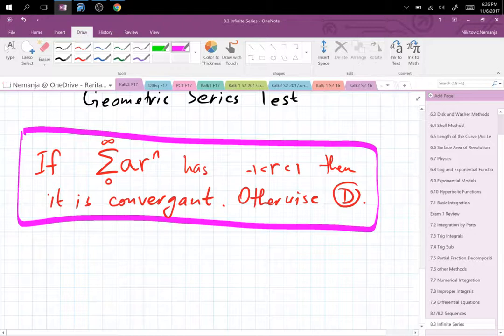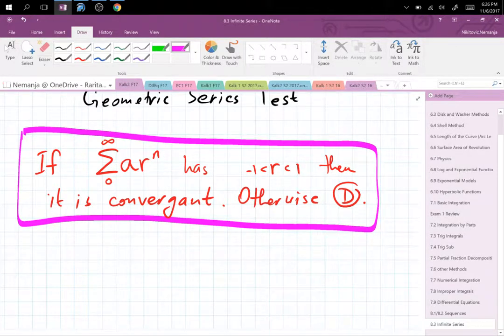There are no calculations that you are going to do for these problems. You use your eyes and you look at the value of r, and if that value is between -1 and 1, the series converges, and you are done. That's it. So if you don't memorize this theorem, you cannot do the problem.